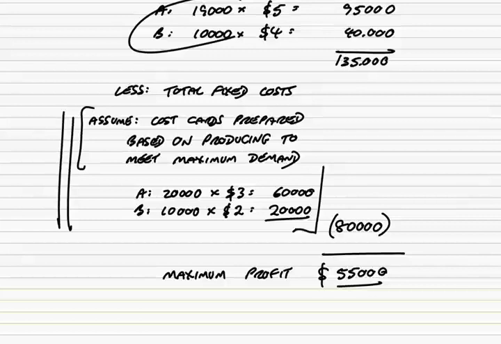However, now let me explain where the difference comes with throughput accounting. If you think back to what we've just done and the explanation I talked through as we were doing it, we knew with only 48,000 hours, production was going to have to be reduced.